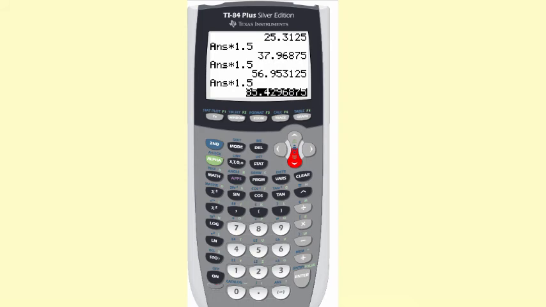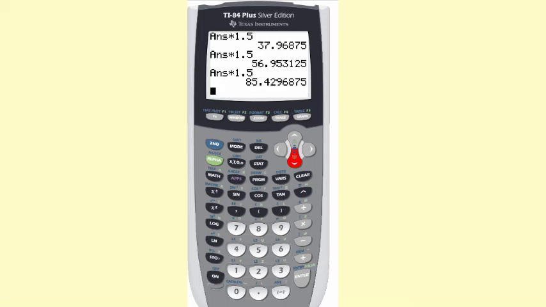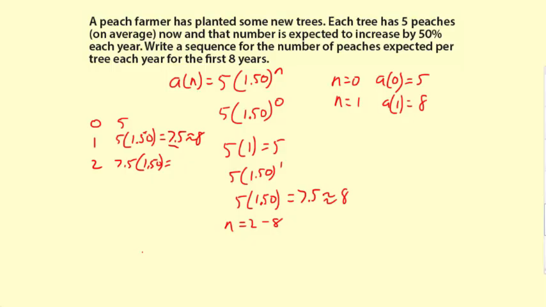So then year 7 is 85.4. And then to get the 8 years, we need to multiply by 1.5 again. Okay, so that's 128.14.